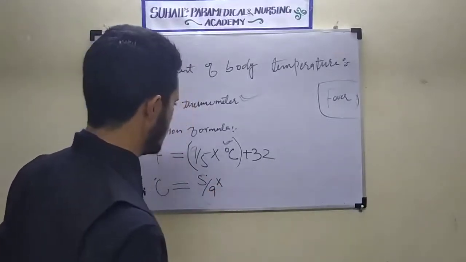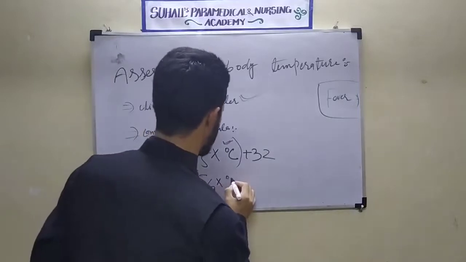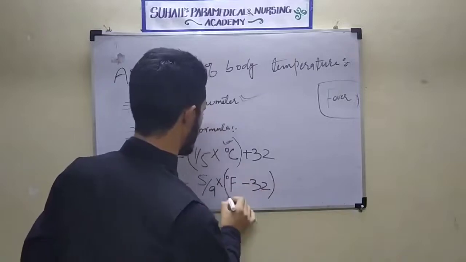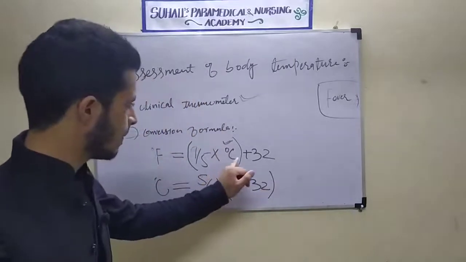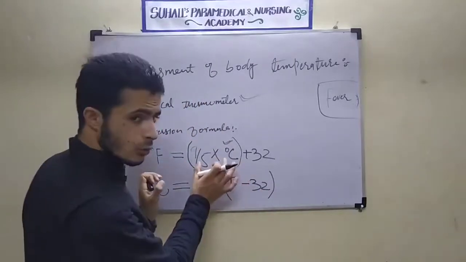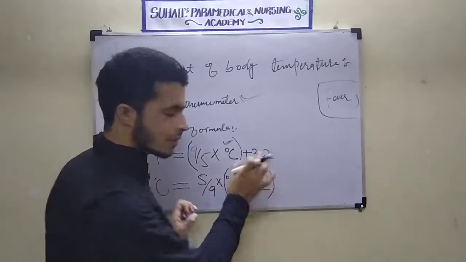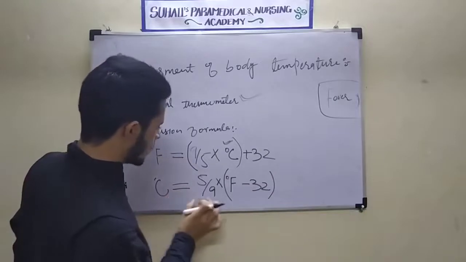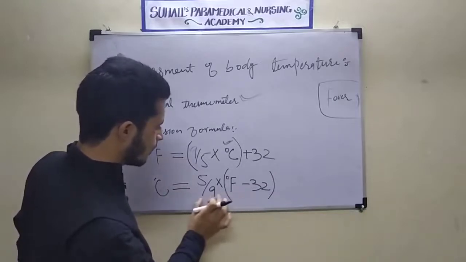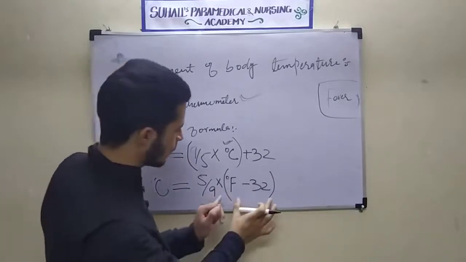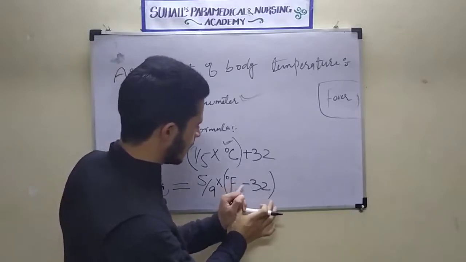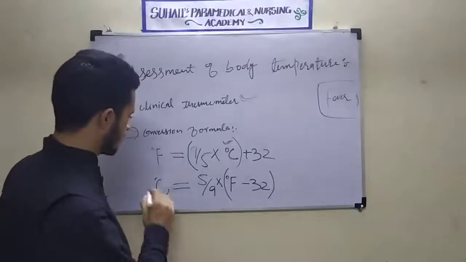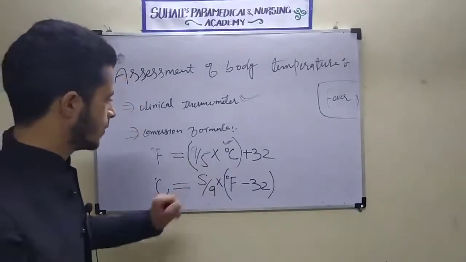Here we have to subtract: first subtract 32 from degree Fahrenheit, then multiply with 5 by 9. This will give us the correct value.